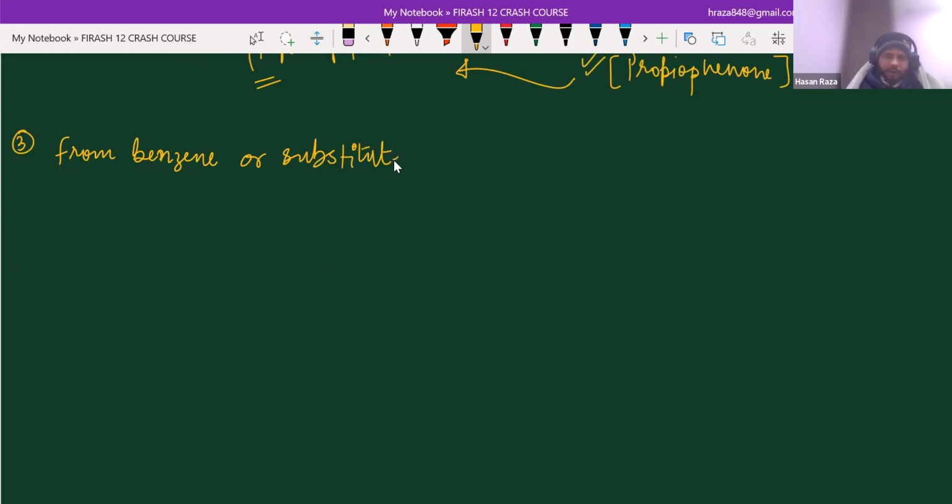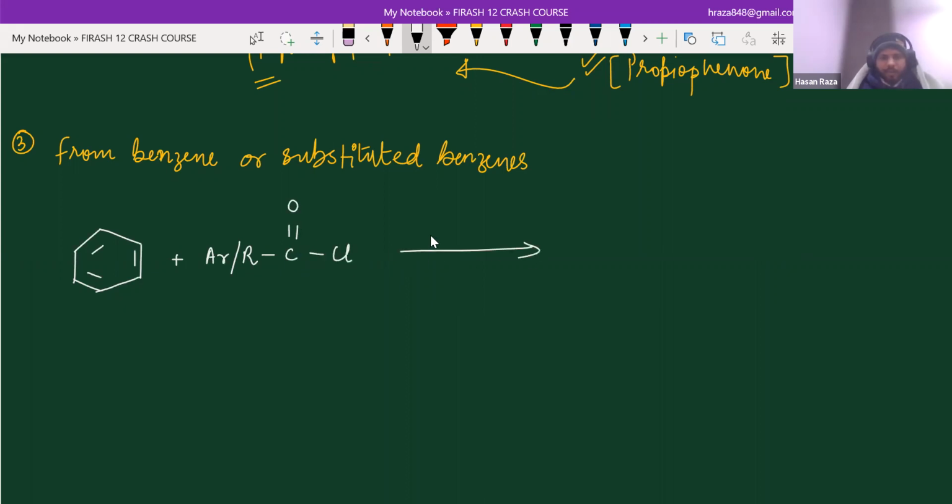If any group is attached to benzene, that is substituted benzene. Now see what will happen if you react benzene, either arenes or benzene, with acyl chloride in the presence of anhydrous AlCl3.